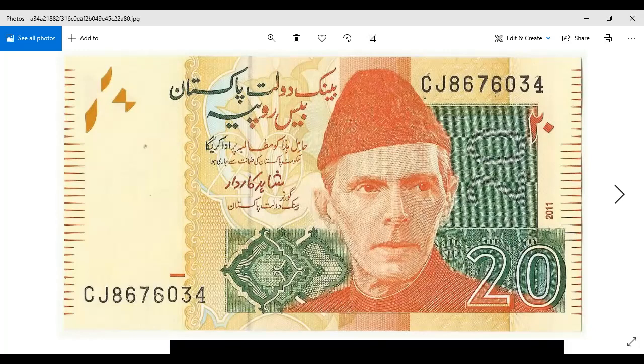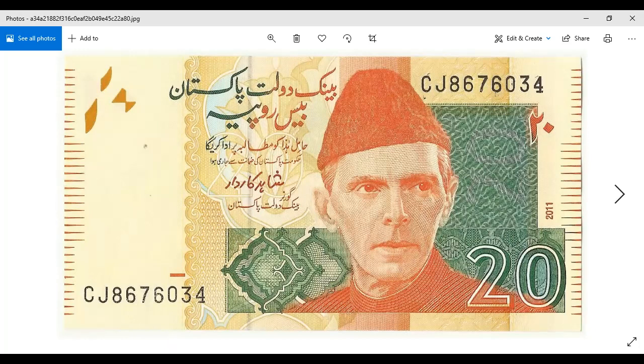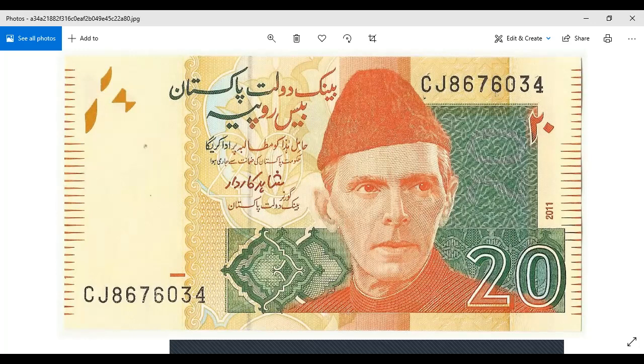Then we have a 20 rupees note. All of the notes are similar in this fashion, that all of them have the picture of Qaid-e-Azam Muhammad Ali Jinnah on their front side, and their backs are different. Their colors are also different, and every note has a special number. Look at this number.